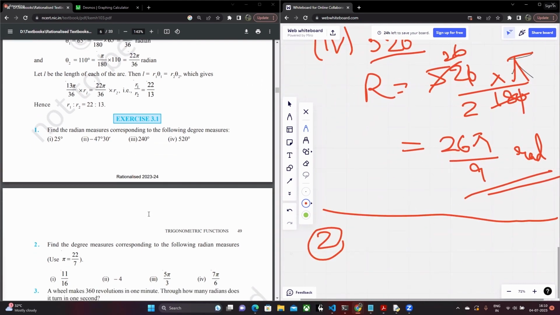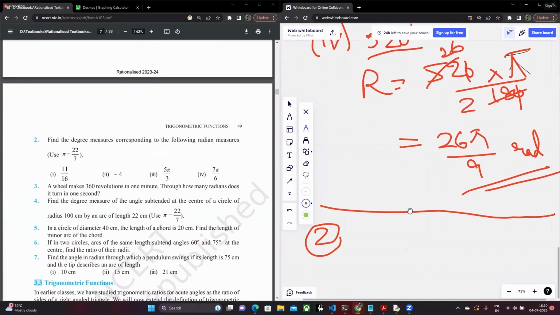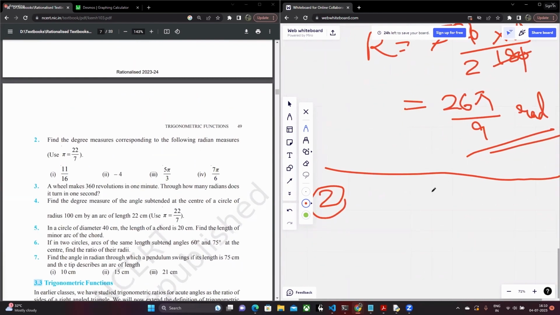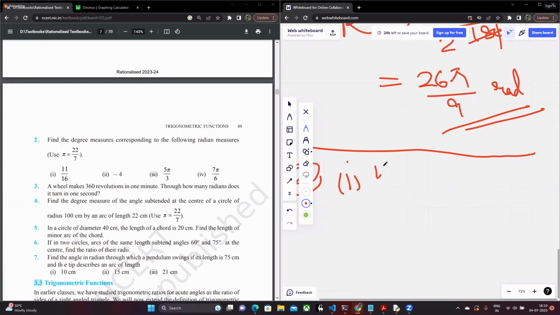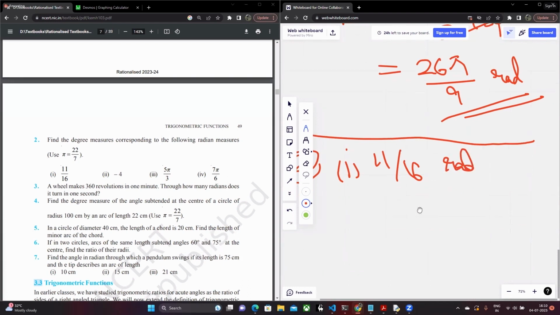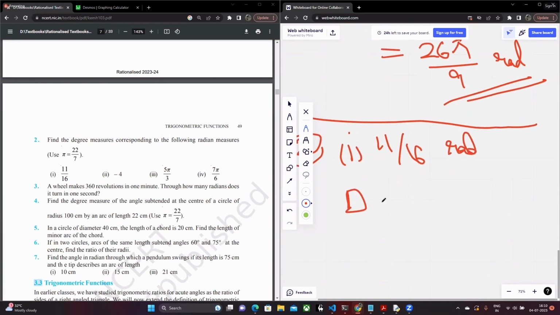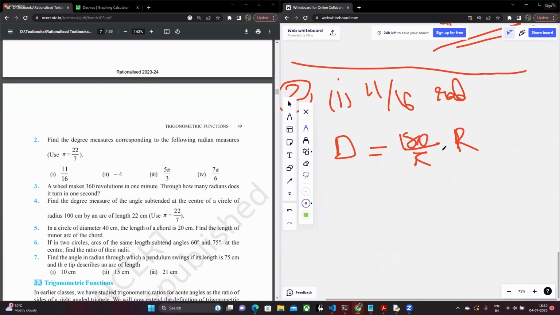Second question. Find the degree measures corresponding to the following radian measures. Use pi equals 22 by 7. Right. So since again pi is 22 by 7, that's a relief. Right. And again, you're going to be fairly straightforward in your substitution in the formula. First radian measure given is 11 by 16 radians, right? You know that degrees is 180 divided by pi into the radian measure, right?